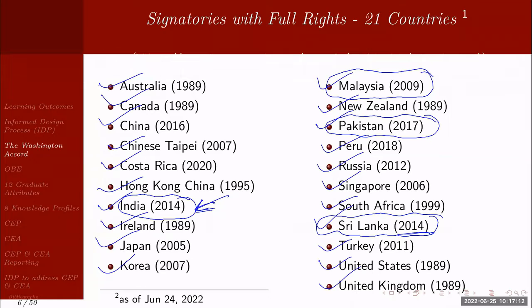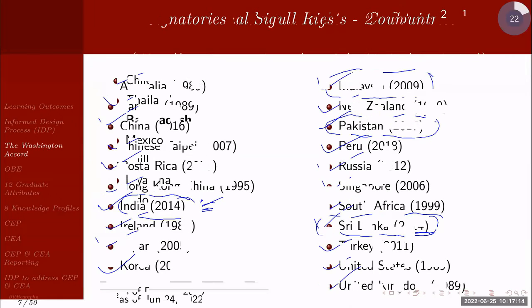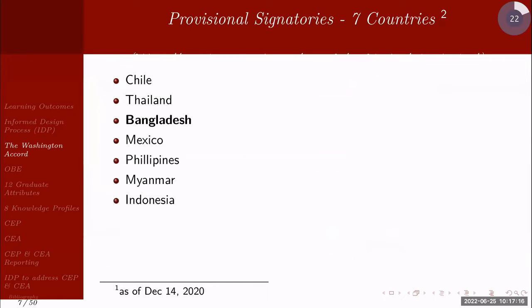So unfortunately, our country is still waiting. Right now, Bangladesh has provisional status. It's one of the provisional signatories. There are 7 countries right now who are falling under this provisional signatory status, like Chile, Thailand, Bangladesh, Mexico, Philippines, Myanmar, Indonesia.